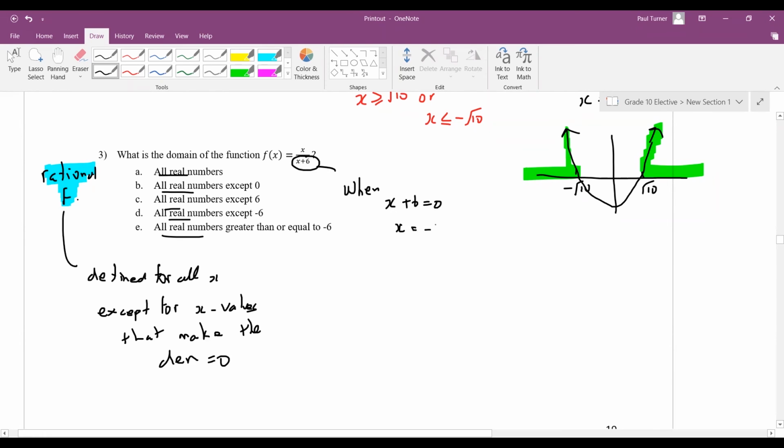So x is -6, except this one here. So when x is -6, we have no graph. And I'm not going to bother graphing that, but this is your definition here for rational. So all real x, except any x value that makes your denominator 0.